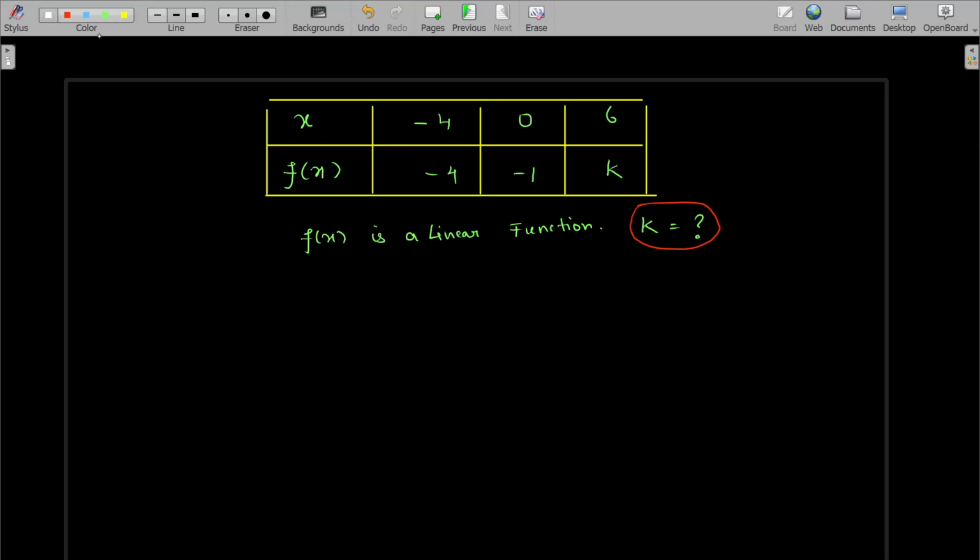So the most important information that's given to us in this question is that this is a linear function. This information allows us to write an initial equation for the function. So since this is a linear function, we can write f of x is equal to mx plus b. And that's it. Now what will you do next? How will you find out the value of k?